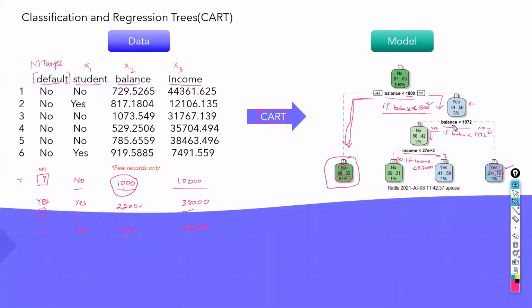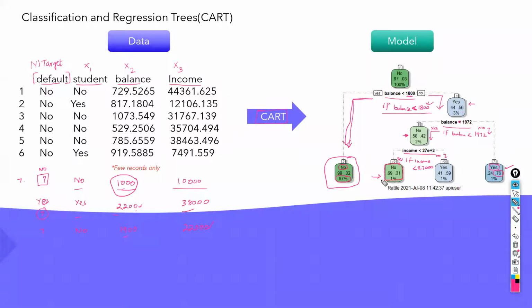Again, we will check if it is less than 1972. Yes, it is less than 1972. So that means the observation will end up in this node. Now, if income is less than 27,000, is it true? Yes, it is true. So income is less than 27,000. So this observation ended up in this node.